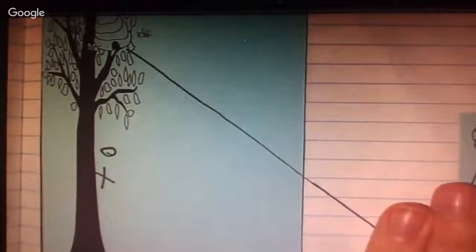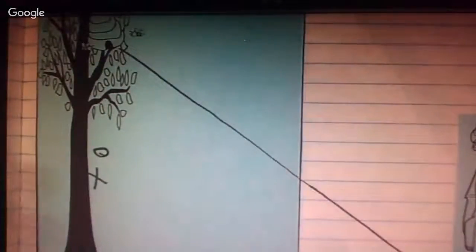The final question then says, how high up is the hive in the tree? So what am I trying to find? The height of the tree. I'm trying to find this. So which one am I using? Tangent. Here X is your opposite side, because if I cover this up, the tree is what I don't touch. 4 is your adjacent side.